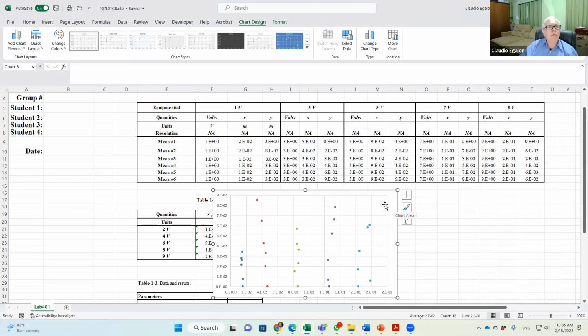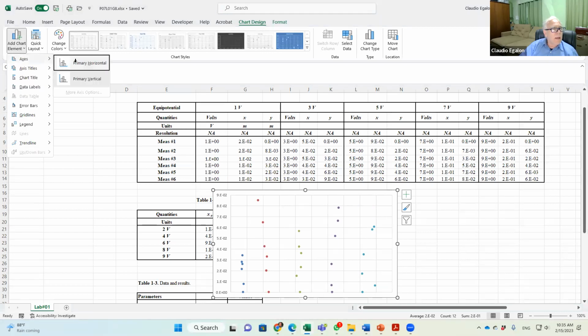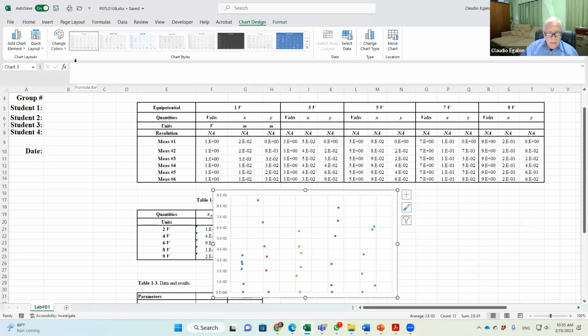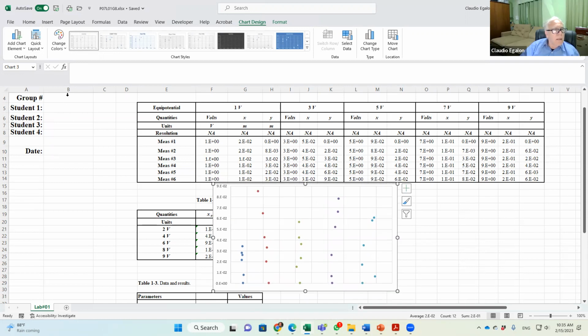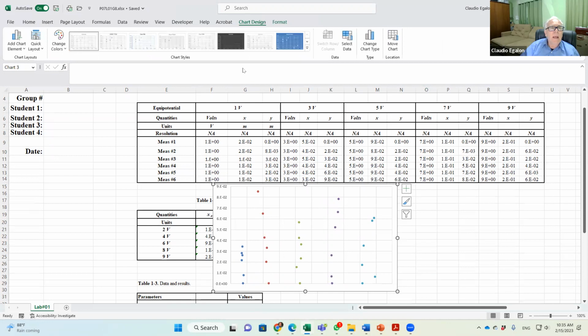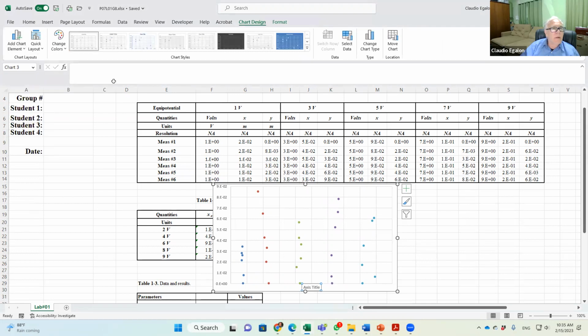What else do you have to do? We go to chart design and do all the things that I mentioned before. Let's try it again. I'm going to add the axis title. Primary horizontal, good.